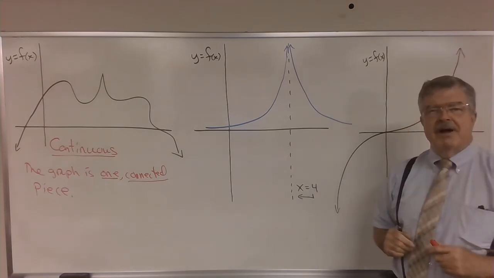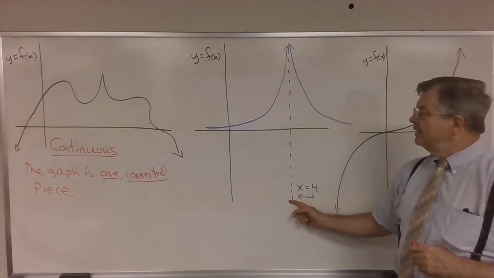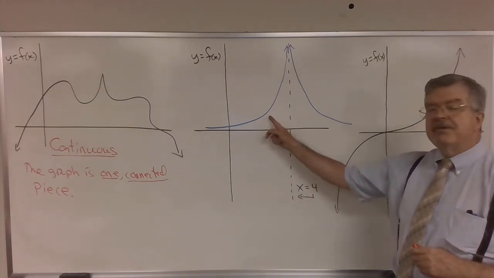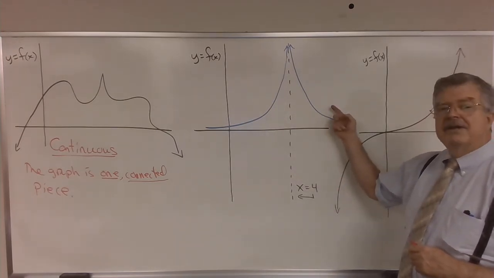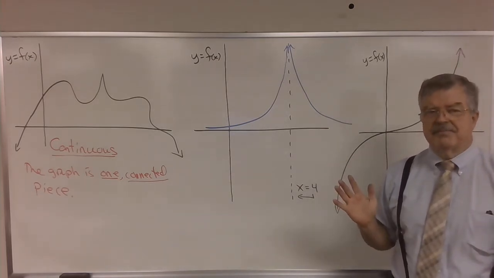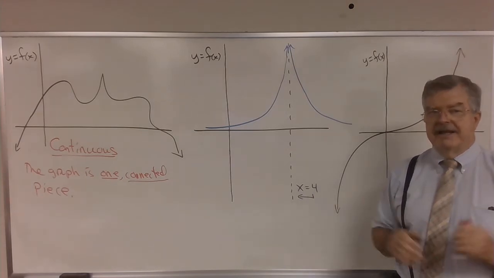And right now you're probably thinking, well, right here at x equals 4, it looks like the graph breaks into two pieces. There's one piece to the left of x equals 4, a different piece to the right of x equals 4, and they're not connected. And if you're making that observation, you're right.